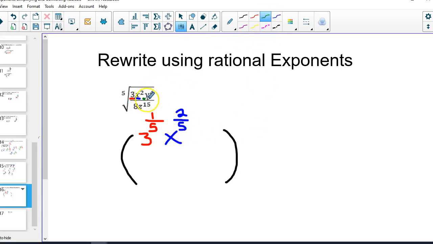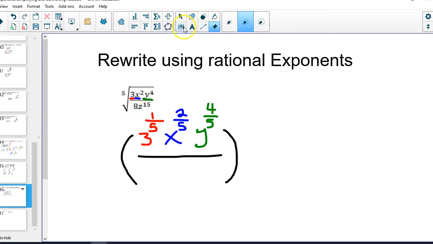Okay, let's look at our y's. We have y. It's being raised to the 4th power divided by the index of 5. And on the bottom of our fraction, we have our, I'll use red again, it's a constant. We have our 8. 8 is being raised to the 1st power and has an index of 5.